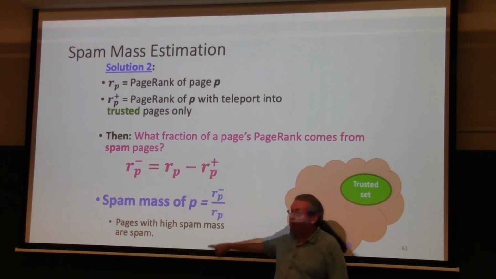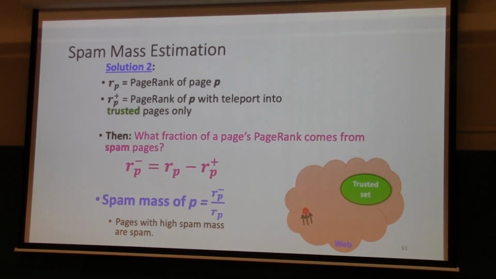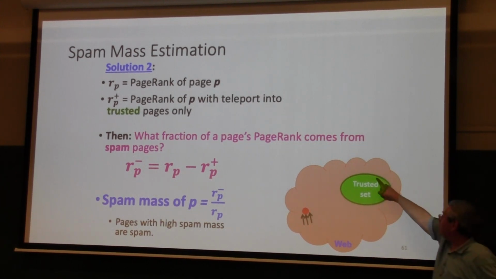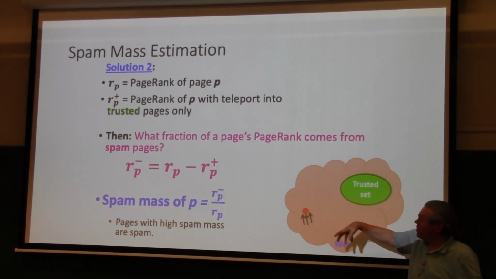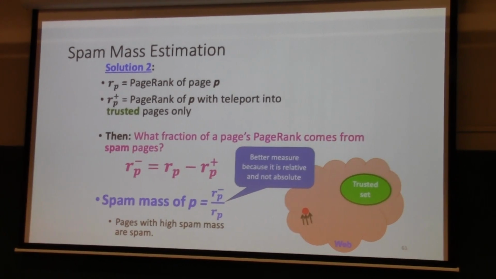So pages with high spam mass are spam. You throw them out. Okay? So even pages that are not in the trusted set, you can keep them if they have low spam mass. Okay? So this kind of idea, you have to do this if you want to not be killed by big farms. Okay? So this is one approach.